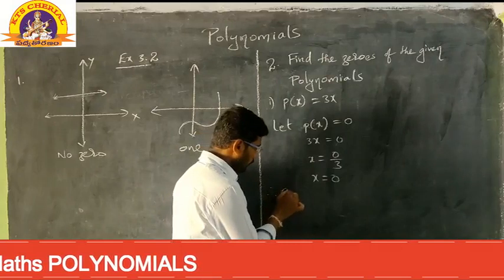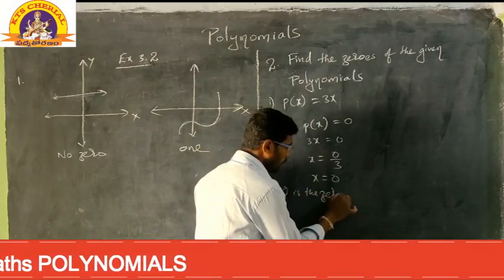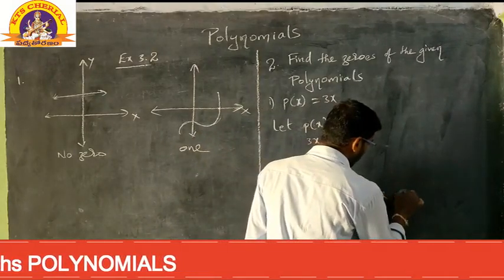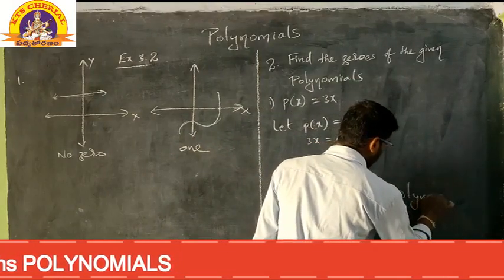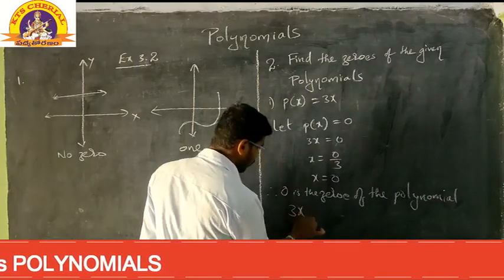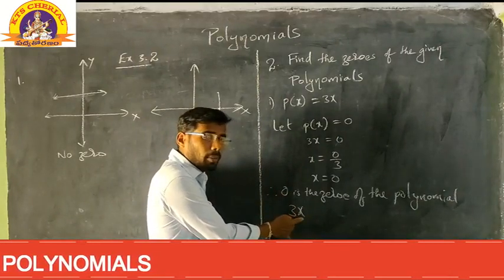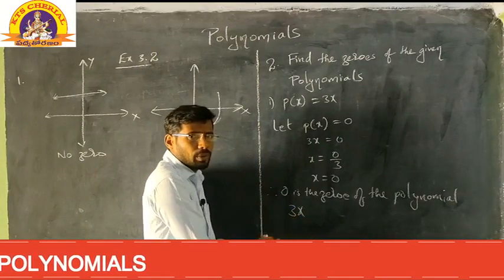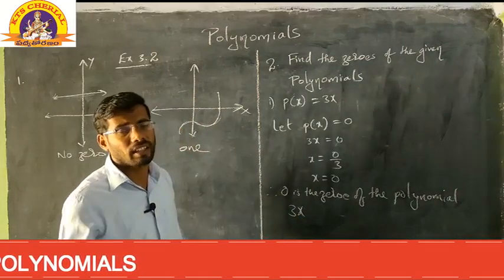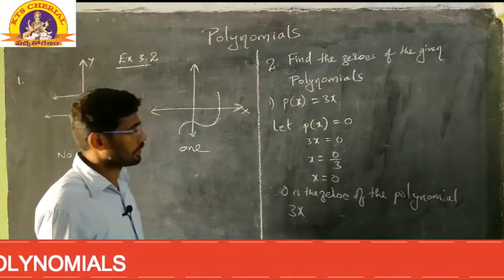Therefore, what do you write now? 0 is the zero of the polynomial 3x. If you substitute x equals 0 in this polynomial, its value becomes 0, so we call it the zero of the polynomial.